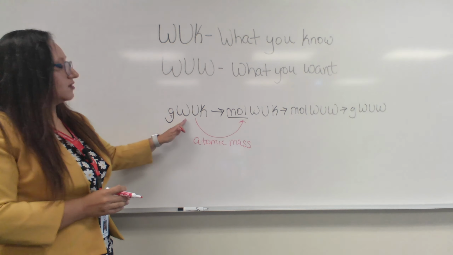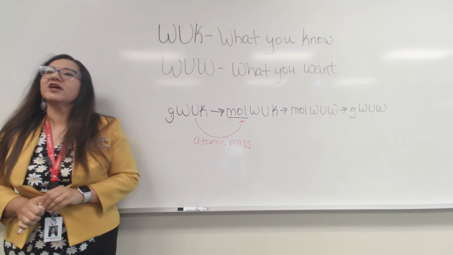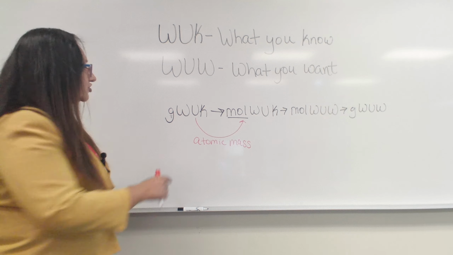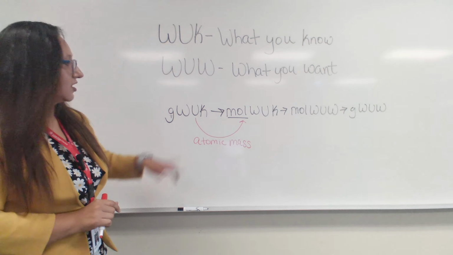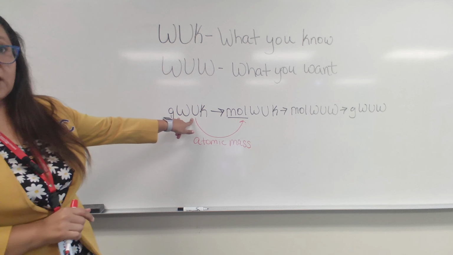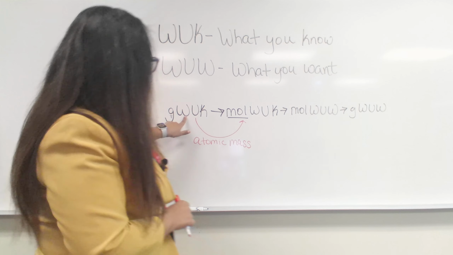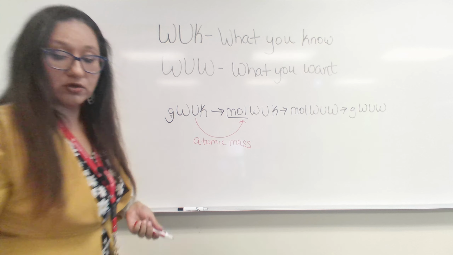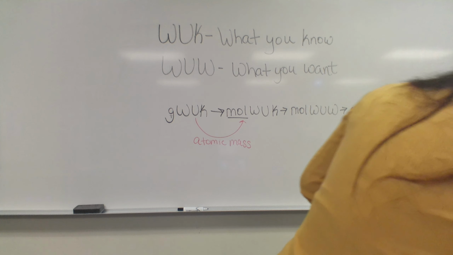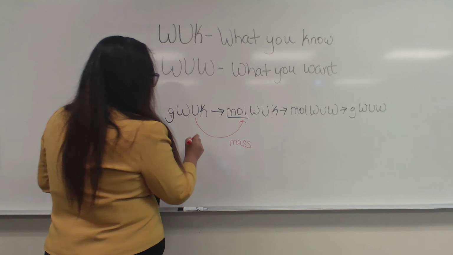So if I'm converting from, let's say that what I know, they tell me 12 eggs. I have to convert eggs to moles of eggs. That's what this means. Grams of eggs, because that's what I know, to moles of eggs. And the way I convert from gram to mole is using the molar mass. I could say atomic mass, but I want to keep consistency with the words. We're going to say molar mass.